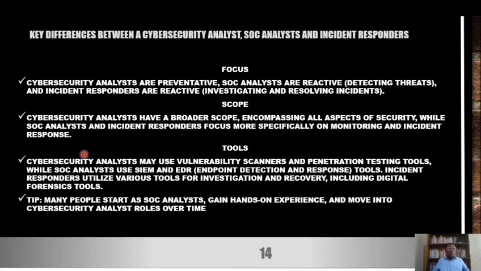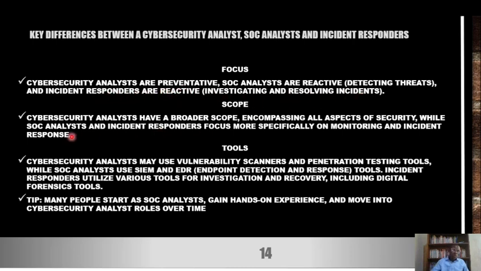So let's move on to the key differences between a cybersecurity analyst, SOC analyst, and incident responder. In their focus, cybersecurity analysts focus more on preventative than reactive. SOC analysts are reactive, they detect threats. Incident responders are also reactive, they investigate and resolve incidents.